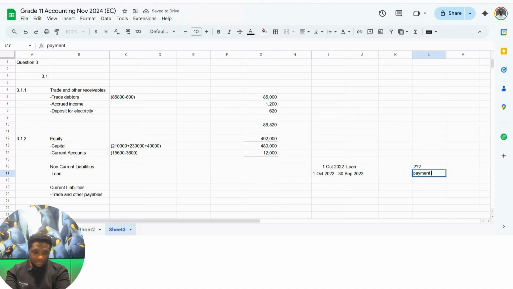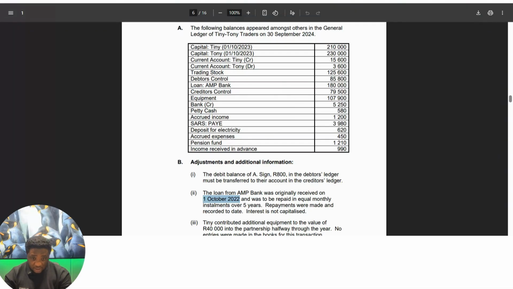So I'm just going to lump those payments. We have payment 1, and then from 1 October 2023 right up until the 30th of September 2024, then payment 2 would have occurred, right? And it says here that repayments were made and recorded to date.